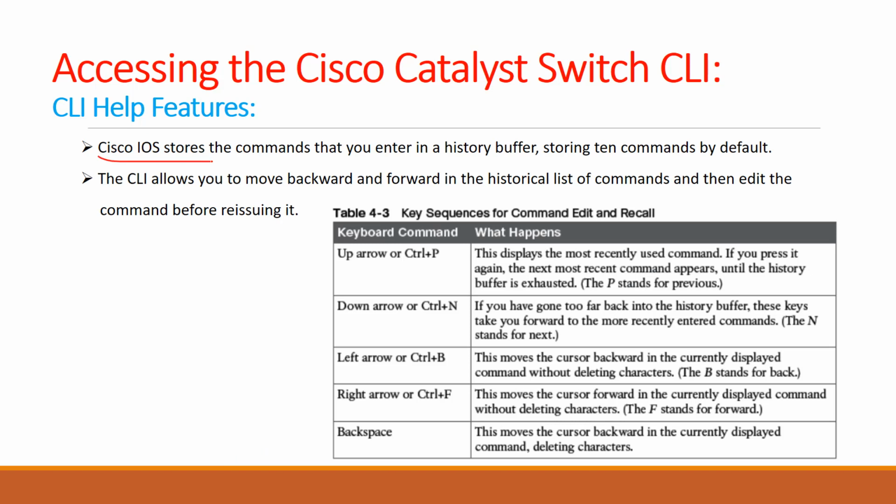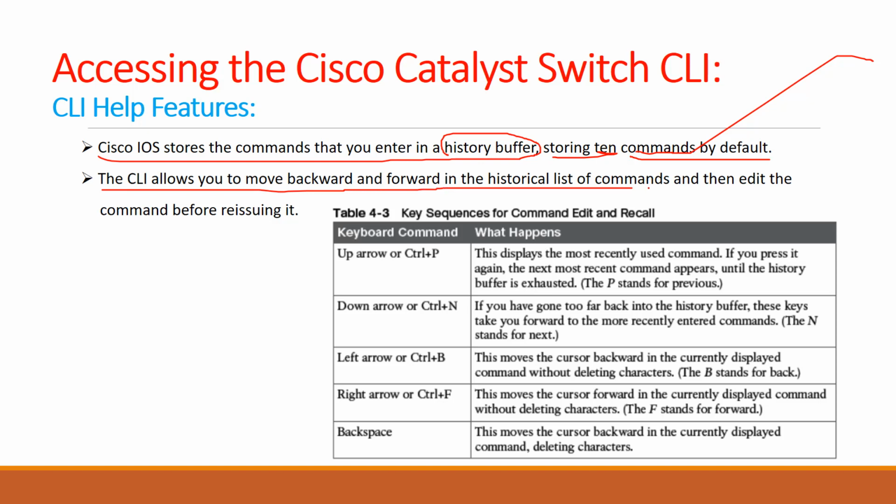Cisco IOS stores the commands that you enter in a history buffer, storing 10 commands by default. The CLI allows you to move backward and forward in the historical list of commands and then edit the command before reissuing it. Let's go back to Packet Tracer.